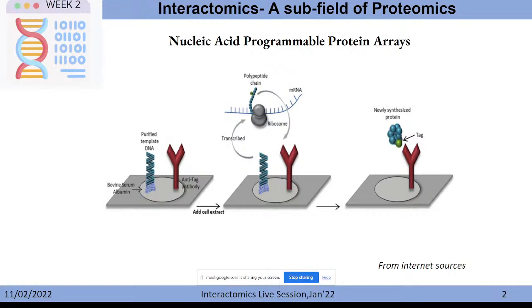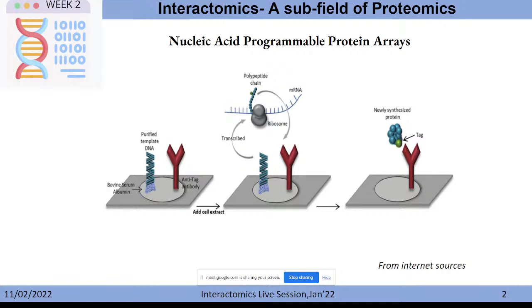Synthesizing all those proteins is not an easy process, and the extraction and then purification become quite challenging and tough.